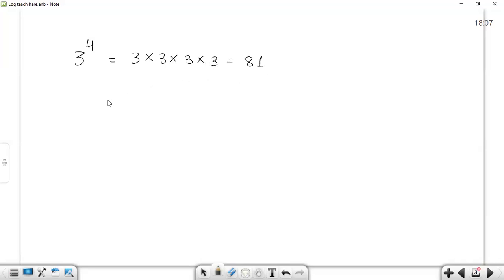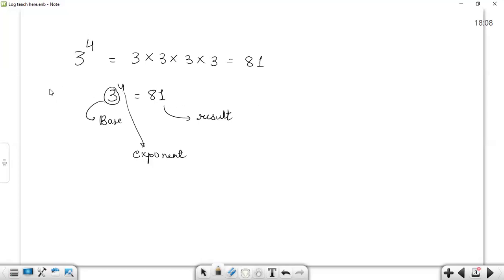So 3 raised to power 4 is 81. Now, this is the base. This is the exponent. This is the result of this exponential function.